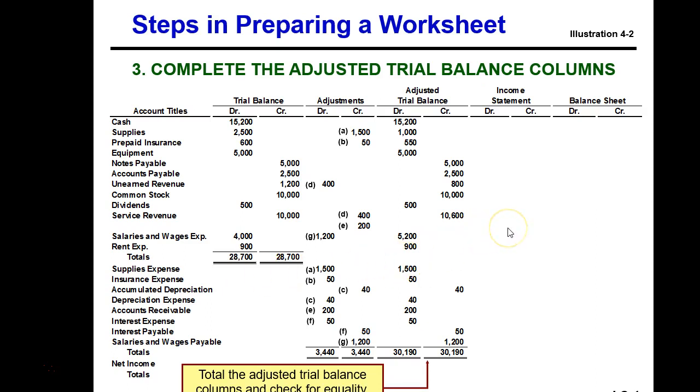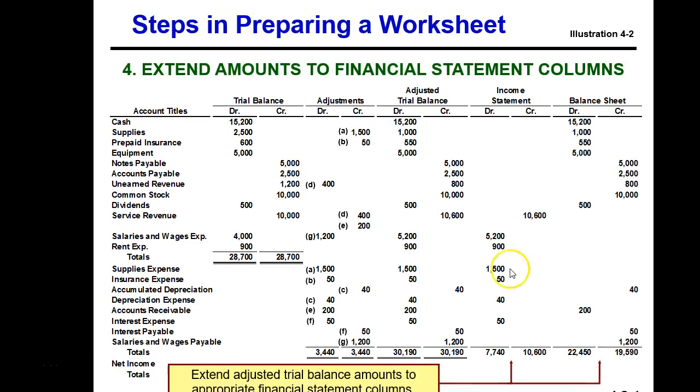So for your revenue account and your expenses, take the amounts from the adjusted trial balance and bring them over to the income statement section of the worksheet. Again, for your revenue account, service revenue, and all your expenses, bring the balances from the adjusted trial balance over to the income statement section of the worksheet.